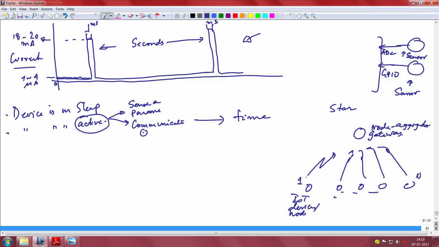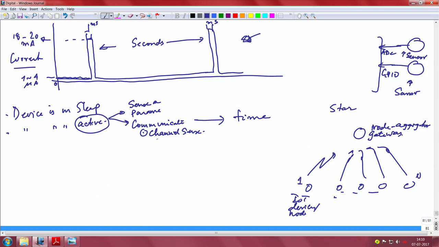So, if this picture applies to this node, it senses and it has to communicate to this gateway, but has to ensure that no other node is actually transmitting. That is channel access, it has to ensure that the channel is free. So, it has to do channel sensing to see if the medium is free, and then it does a transmission.